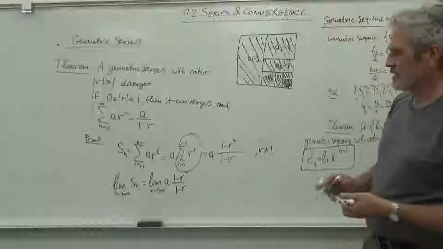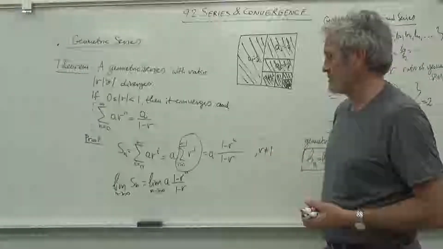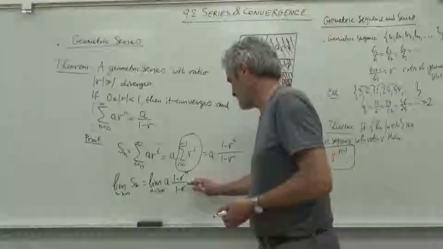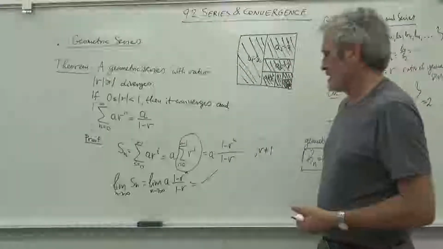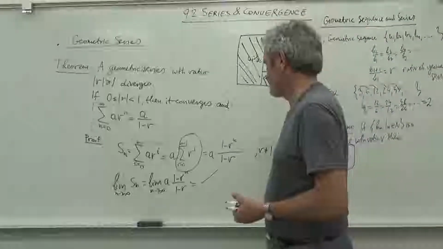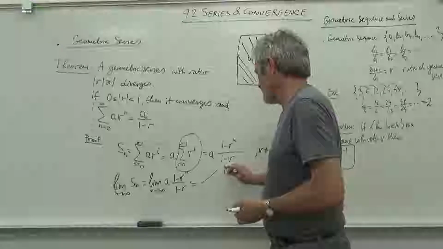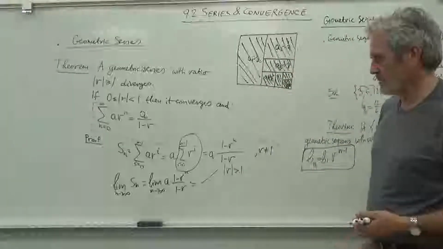And then we need to recall our limits from calculus 1. So here is what could happen. If the absolute value of r is greater than 1, then what happens?